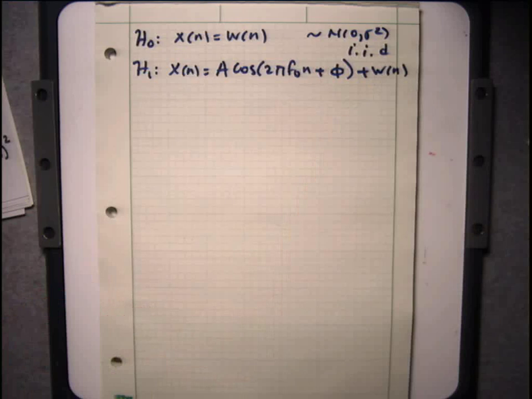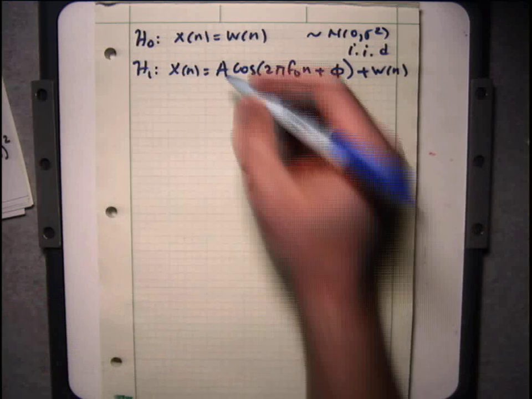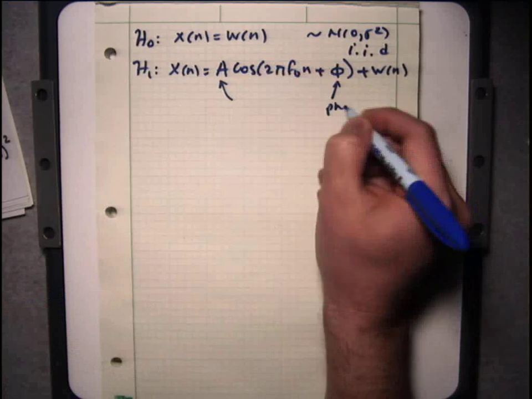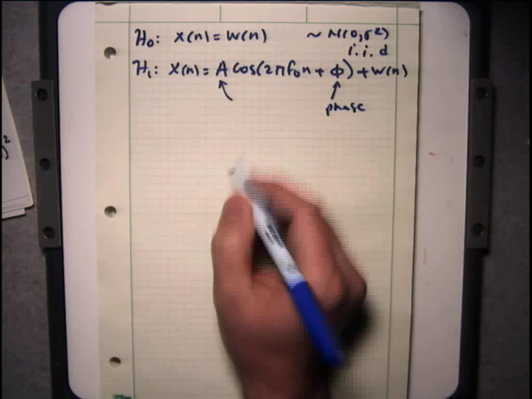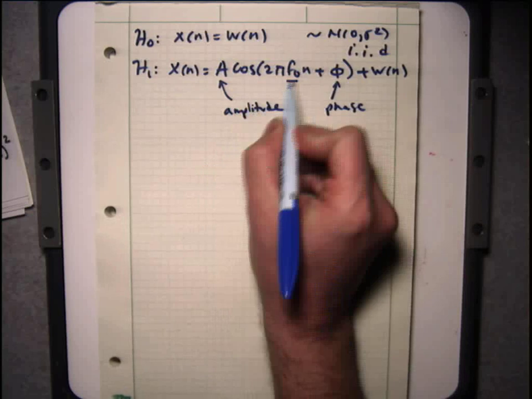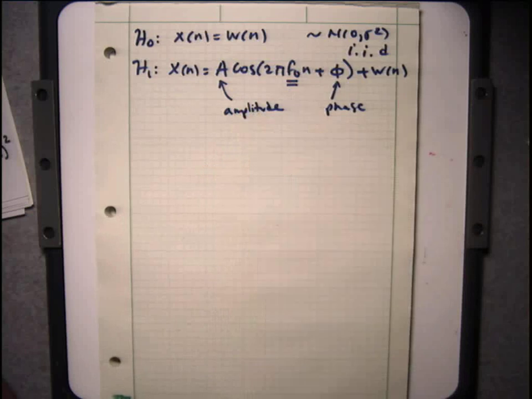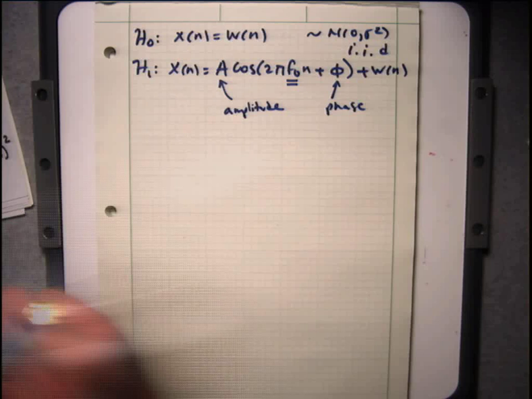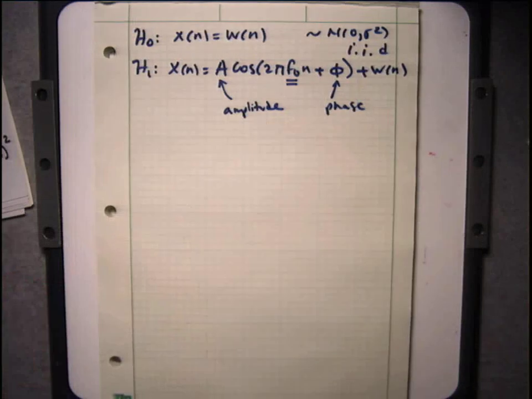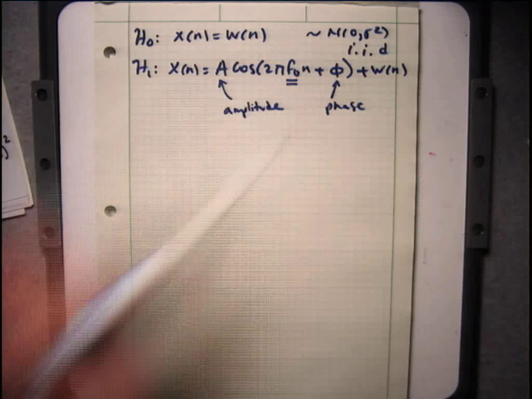Okay? And let's assume that the things that we don't know for the time being are A and phi. So this is the phase shift, and this is the amplitude. This here is the frequency, but for now, let's assume we know that. Later on, I'll show you that you can also assume that's not known, so you don't know the phase, the frequency, or the amplitude. But for now, let's just stick with this and see what happens.